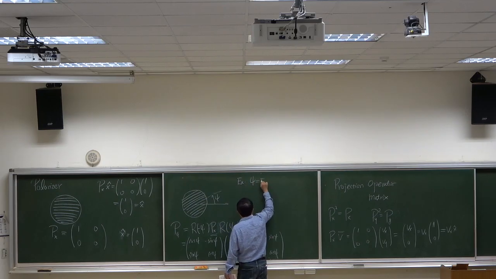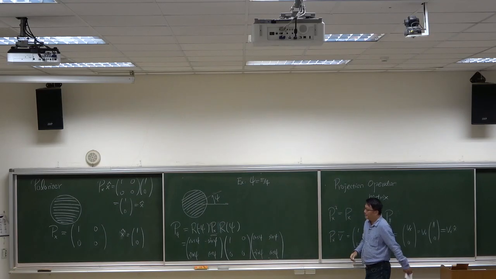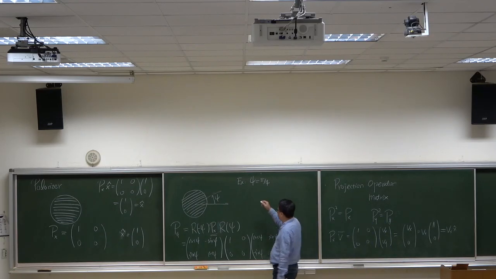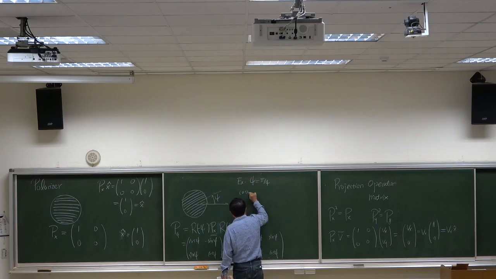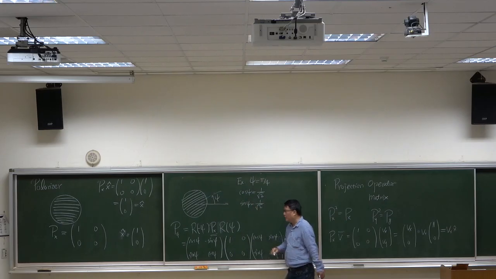For example, psi is equal to 1/4 pi. Then we know that now cosine psi is equal to 1 over square root 2, and sine psi is also equal to 1 over square root 2. Okay?